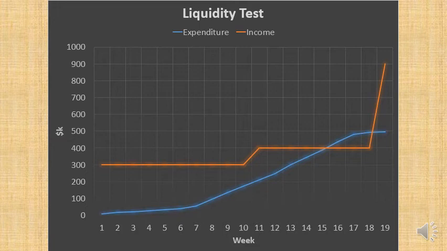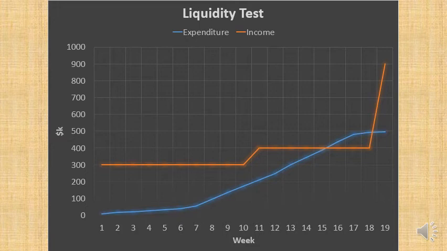Now, what happens at around week 15? Suddenly, our total expenditure now exceeds the total money that we have in capital. That means at week 15, we will no longer be able to pay our debts. The workers will come in at the end of week 15 and say, pay us our wages, and the project manager will go, oh goodness gracious me, I have no money in the bank to pay you.